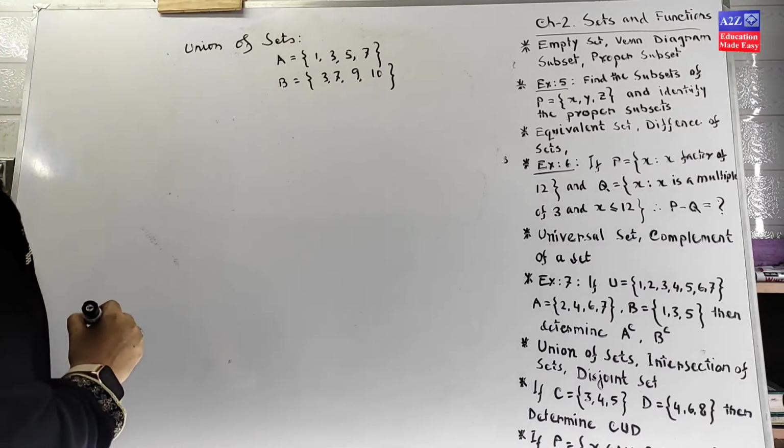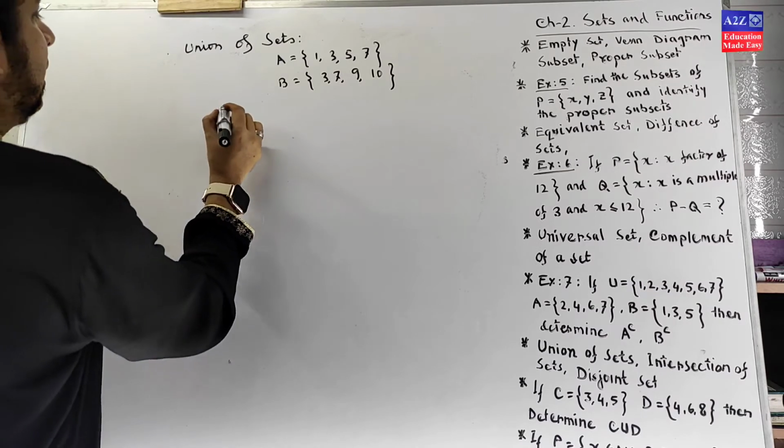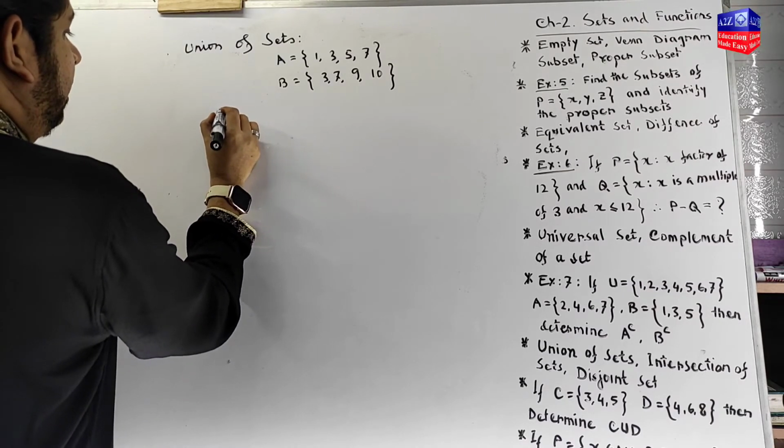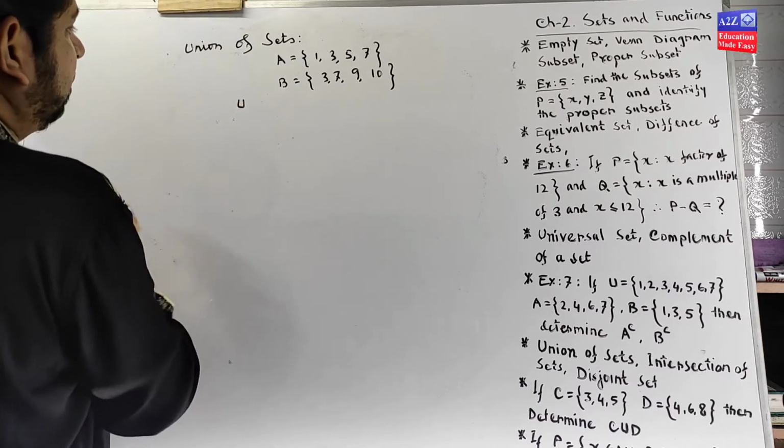Now I would like to find the union of sets A and B. I would like to use the symbol U as the union.